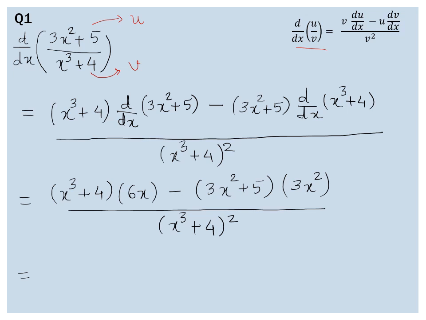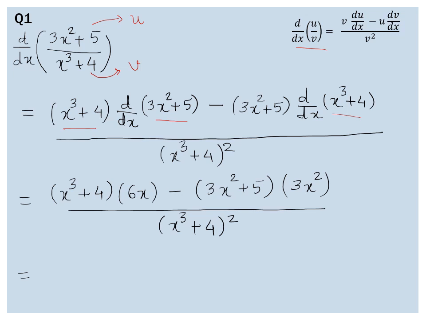So applying the formula here, x cube plus 4, which is v, into derivative of 3x square plus 5, that is u, minus u, that is 3x square plus 5, into derivative of v, that is x cube plus 4, whole divided by x cube plus 4 the whole square, which is v square.